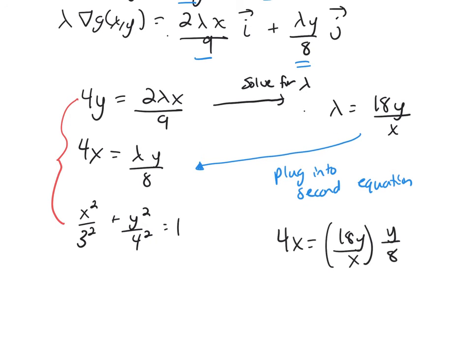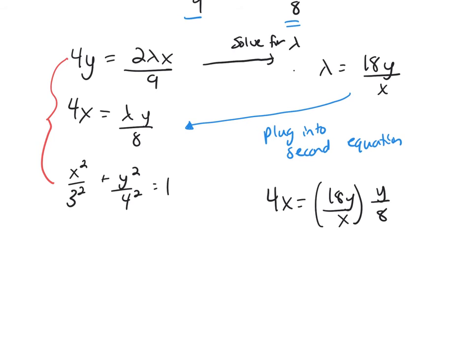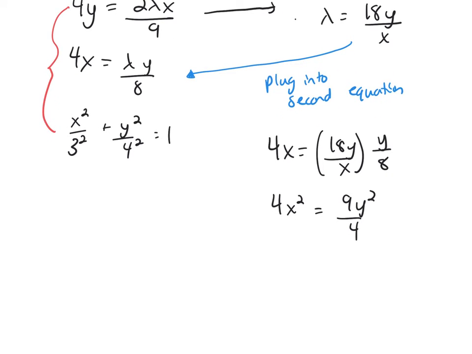And so if you multiply here, multiply by x, you'll get 4x squared equals 9y squared over 4. So if I solve for x squared, you're going to get x squared equals 9 over 16 y squared.